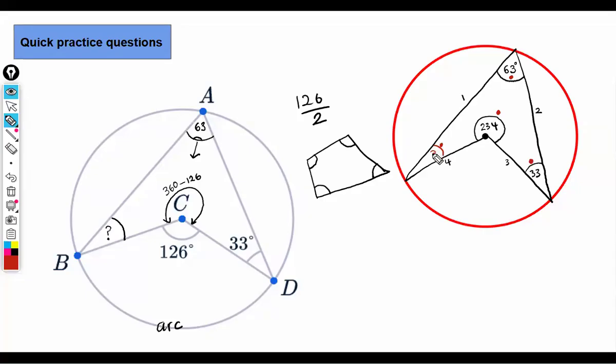Figure out the missing angle here now, angle B. Add up all three angles and minus it from 360. So you're adding up the 63, the 234, and the 33. Add up all three and minus it from 360. Right? 234 plus 63 plus 33. Send your final answer for angle B.